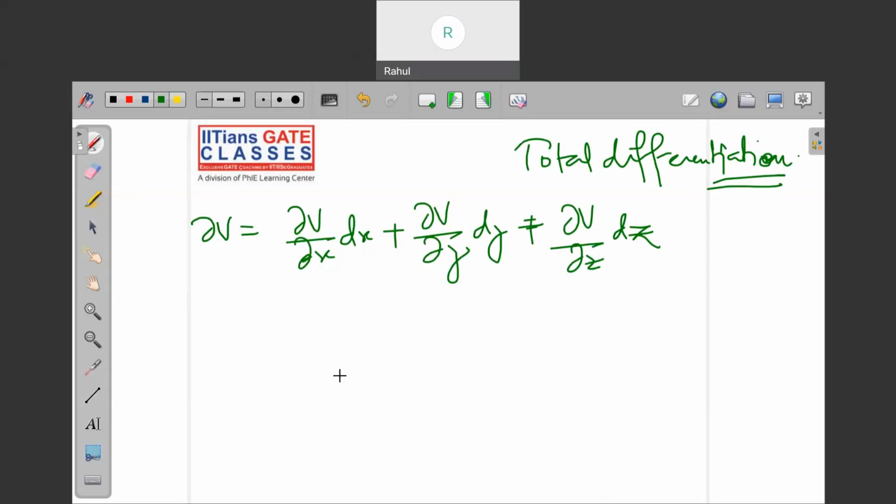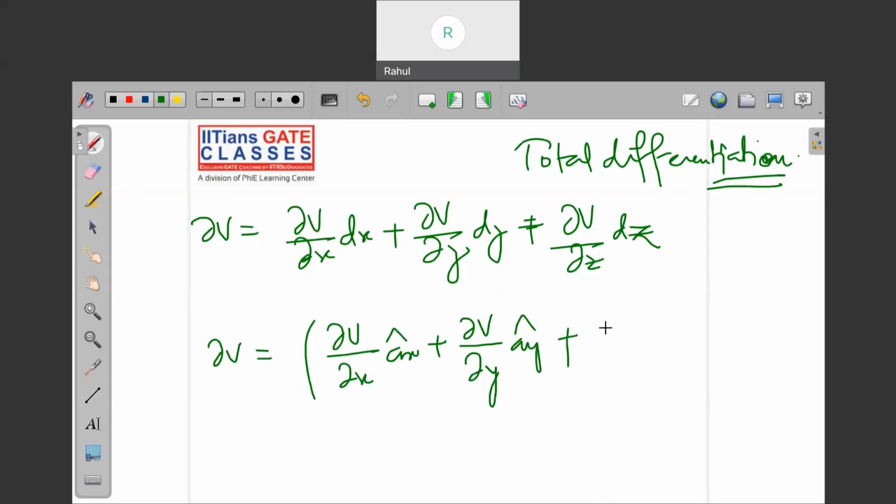So here what you can do is that dv equal to what? This can be written like ∂v/∂x ax cap plus ∂v/∂y ay cap plus ∂v/∂z az cap. This is one vector.